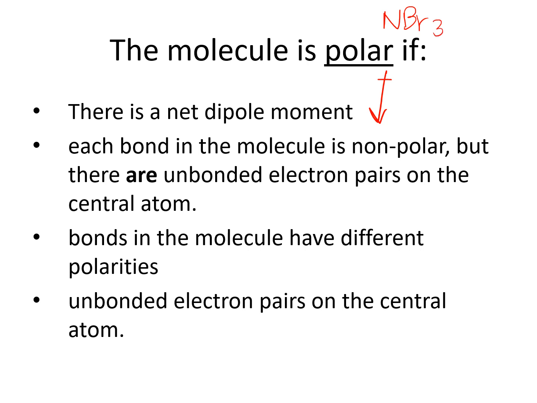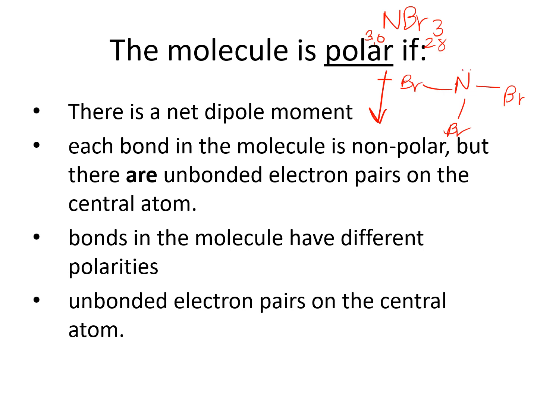Okay, so nitrogen, the electronegativity value is 3.0. And bromine is 2.8. Now, when we draw them out, right here, that means we have to draw 3 bromines. There you go.